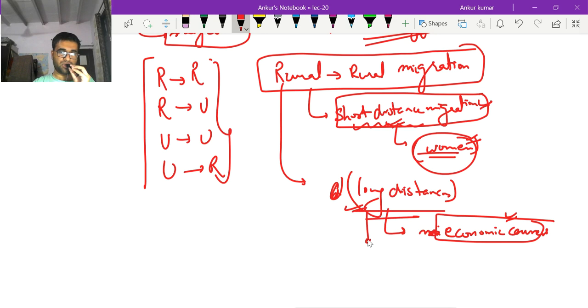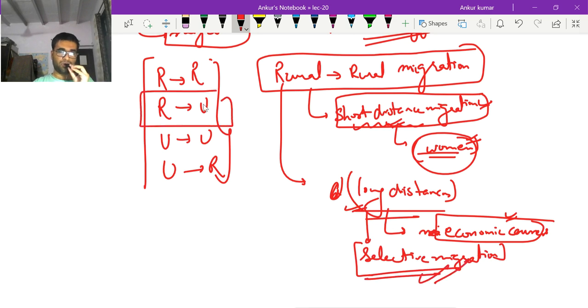So what we can say is that this long distance migration is a selective migration. Okay, moving on to the second stream, that is the rural to urban migration.